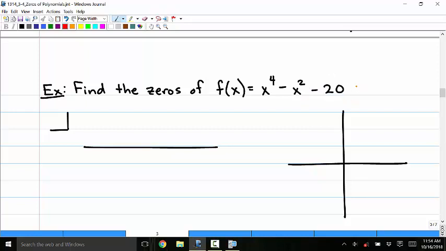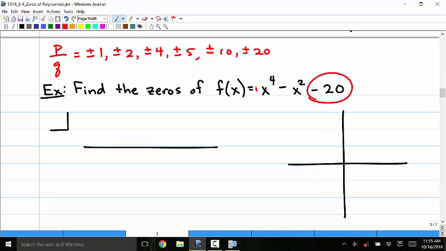If that graph has rational x-intercepts, they have to be either plus or minus 1, 2, 4, 5, 10, or 20. Why? Because P is 20, Q is 1.